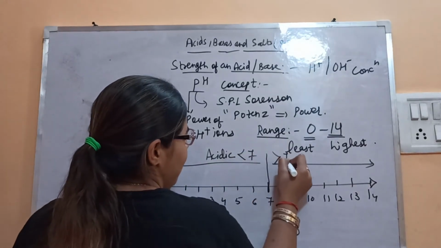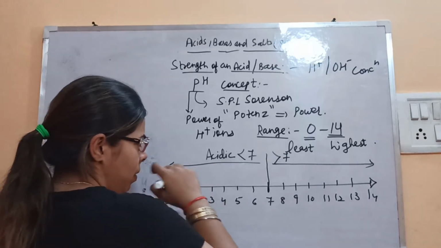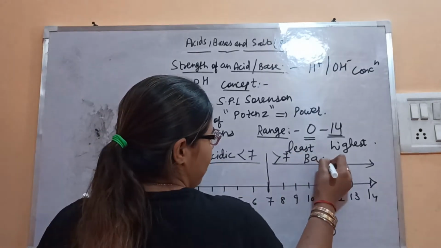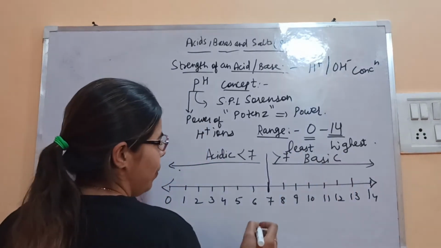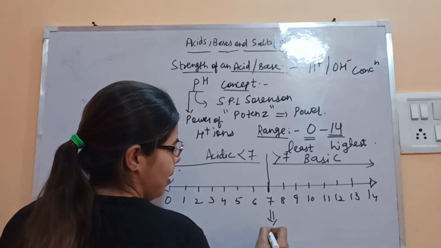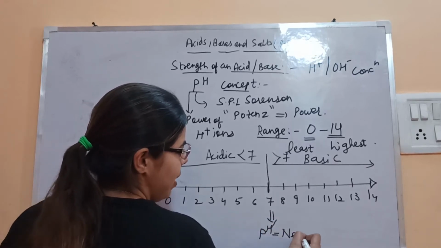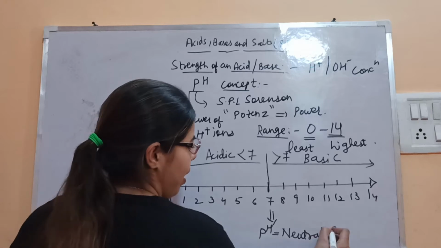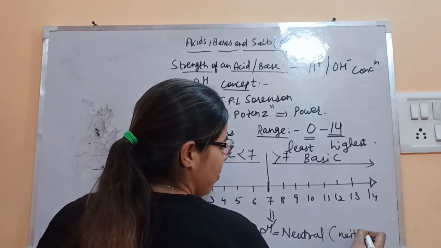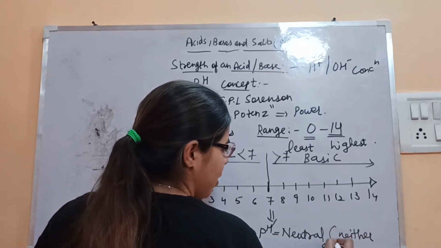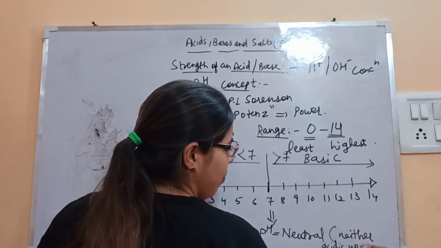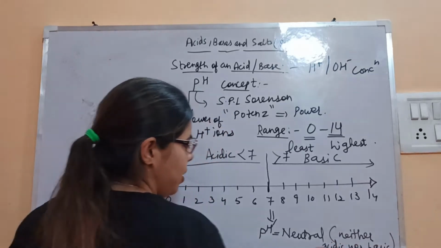More than 7, basic. So all these are basic. And pH equal to 7 is the neutral substance. It means neither acidic nor basic, neutral.